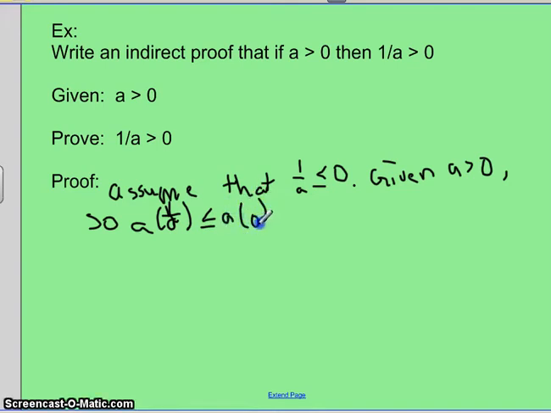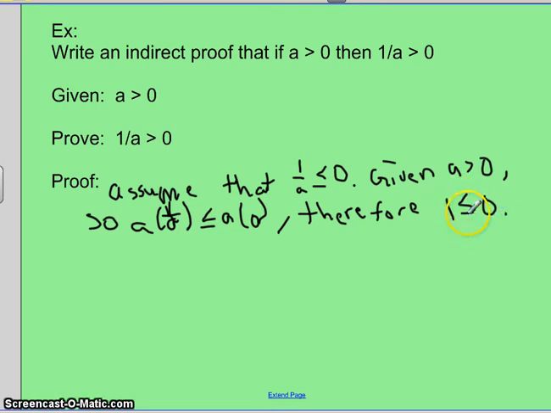Now, if a is greater than 0, then your sign's not going to flip around. So this would simplify. The a's will cross out. We'll just be left with that 1. The sign doesn't change because a is greater than 0. And then 0 times anything is going to be 0.